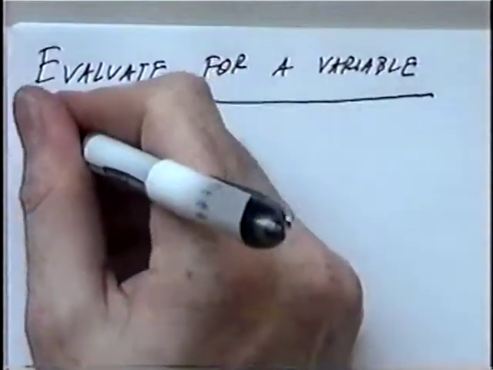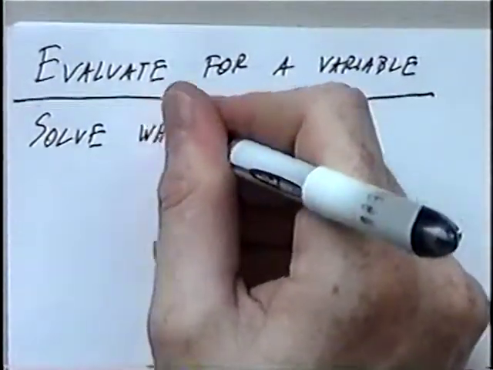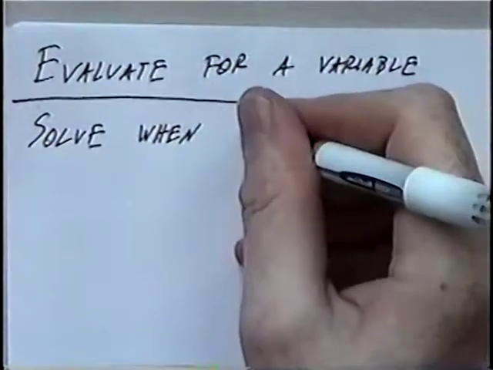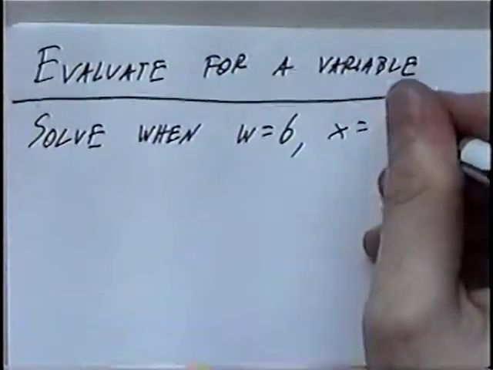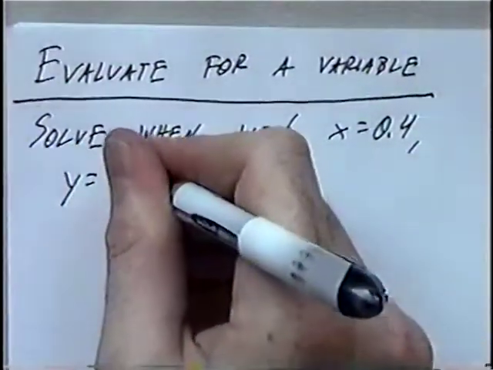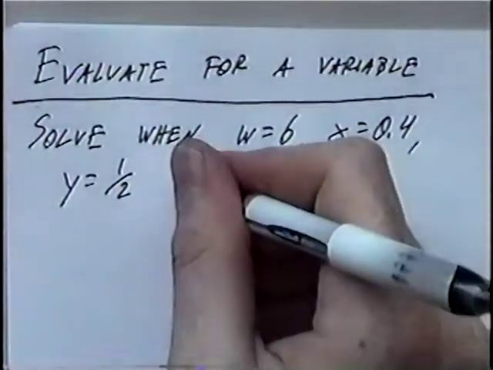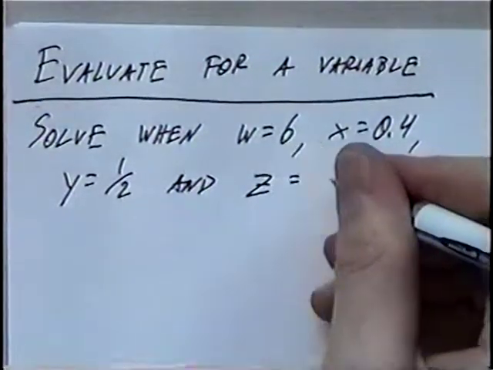Directions for this one are solve when w equals 6, x equals 0.4, y equals 1/2, and z equals -3.